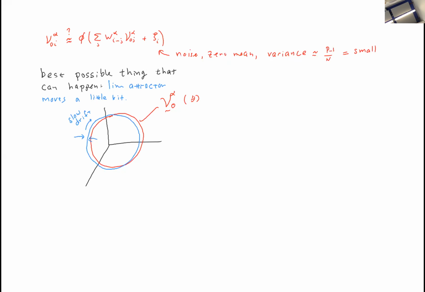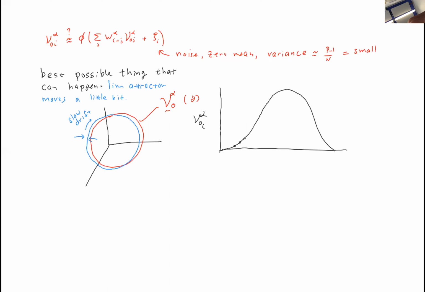And there are two ways to see this. So first, I'm going to give you the intuition. Then I'm going to give you a slightly more mathematical version. So this is nu_0i alpha.